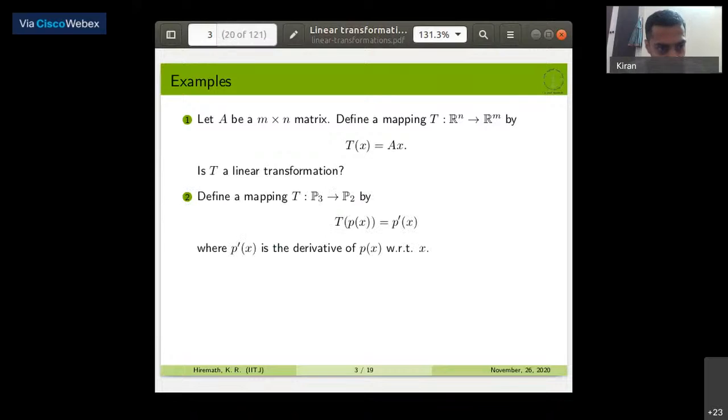Let us look at the next example. Define a mapping from the space P3 to P2. P3 and P2 are polynomials. P3 is the set of all polynomials of degree less than 3. Am I right? Less than or equal to 3.